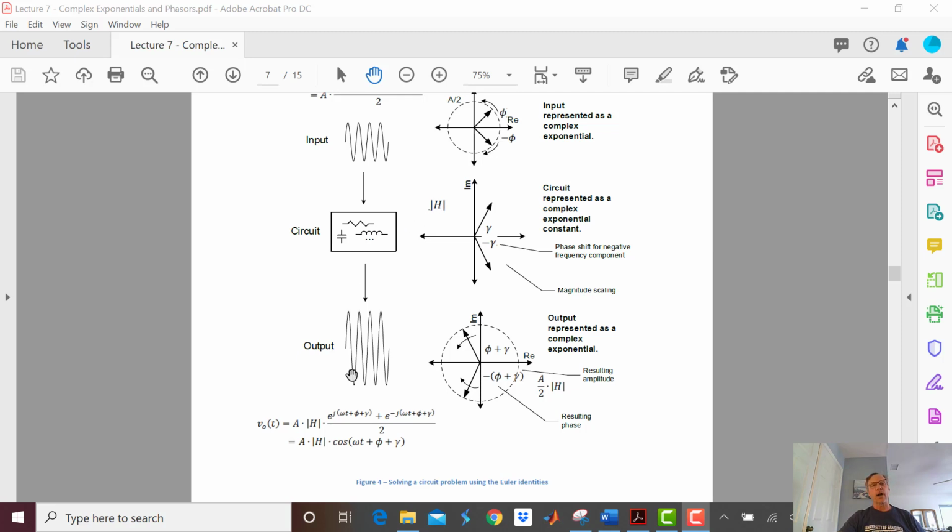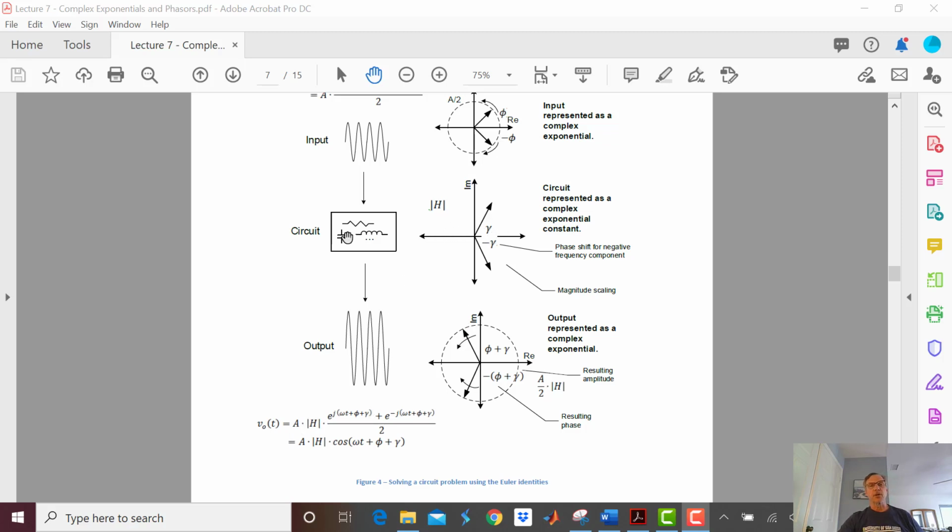So let's look at what our output is going to look like. We're going to shift by gamma, and we're going to scale by the magnitude of h.